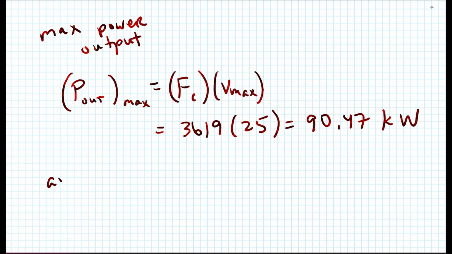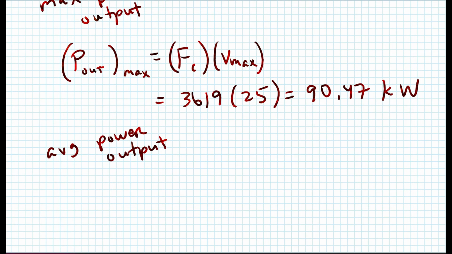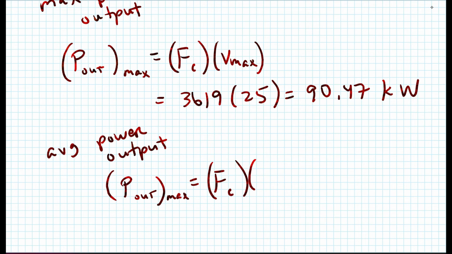Next is the average power output. The average power output is the force times the car's average speed. So P out average is equal to F sub C times V average.